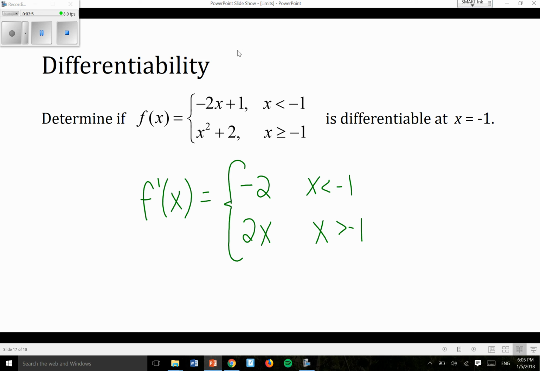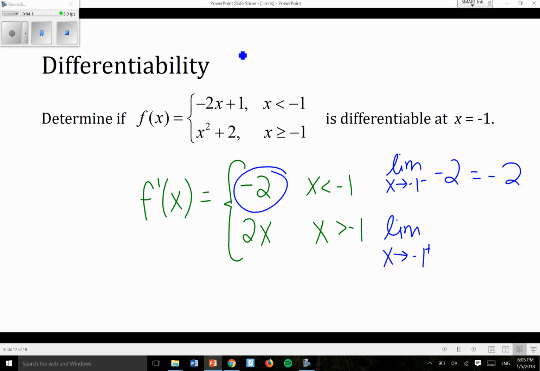And so what we need to do now is look at the limits of these slopes. We can look at the limit as x goes to -1 from the left, meaning we're looking at -2. And if it's always -2, that limit equals -2. We can also look at the limit as x goes to -1 from the right of 2x. If we use direct substitution, that slope is also -2.